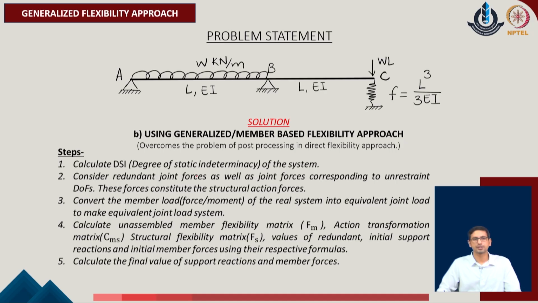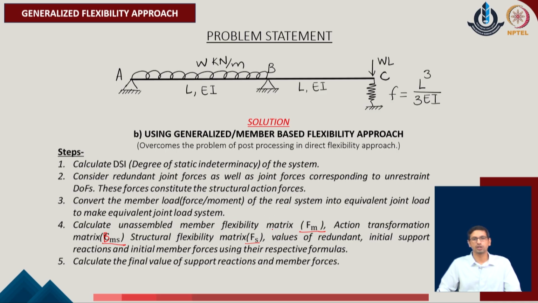Then we convert the overall system into an equivalent joint load system also, so that all the forces are now active at the respective joints of the given problem, and then we evaluate the standard unassembled flexibility matrix of the given system, the action transformation matrix or the BMS matrix which we typically describe, and also we define the structural flexibility matrix and the other output parameters of the given system.